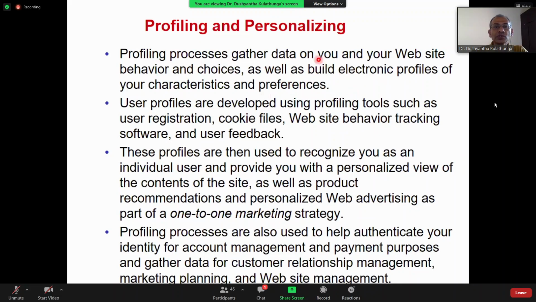Therefore, within the organization also, gathering data about individuals and keeping those data will be relevant, and this particular process can also be relevant for other internal systems as well.